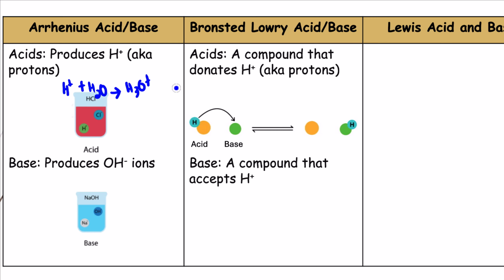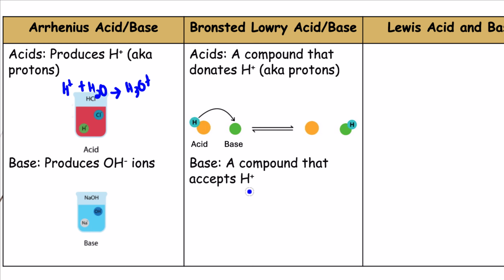If you look at the definitions on the left and the right, it shows that for the acid here, it's donating, it's giving away H. Over here, it just says it produces. So it's a little more advanced definition. Even the base, it's a compound that accepts the H+. It's no longer just that it has OH-, but it's a compound that accepts the H+.